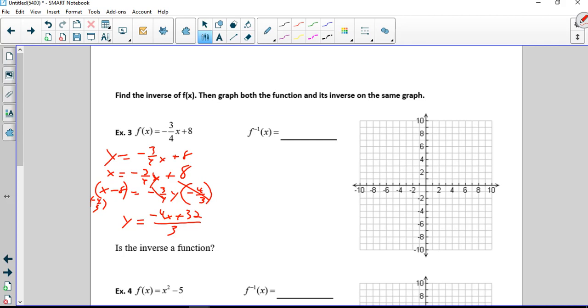So when I rewrite this, since we're going to be graphing it, I'm going to say negative 4/3 x plus 32 over 3, which is also 10 2/3, which is just off the chart a little bit. So when I graph these two, the y-intercept of 8 is right here, and I have a negative 3/4 slope. So 1, 2, 3, down 1, 2, 3, 4, and again.